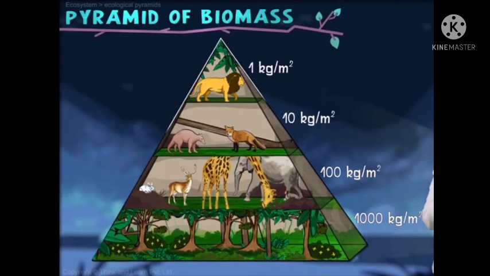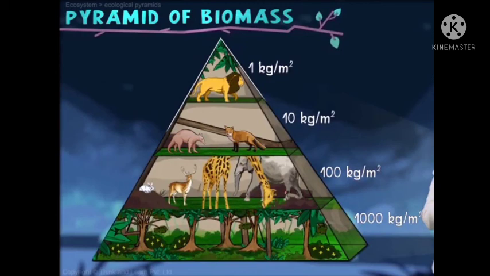Now if I try to find out who are the tertiary consumers, obviously fewer lions will be there. Number and biomass are related with each other. If the number is less, then obviously mass will also be less.